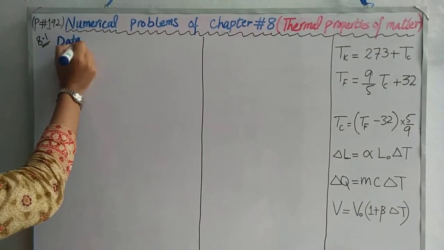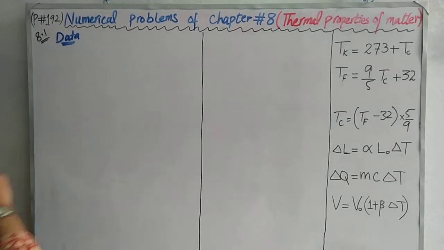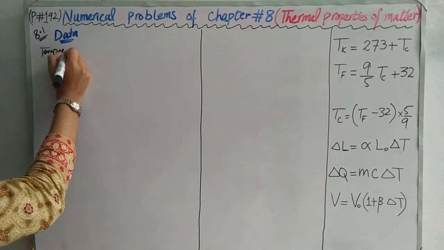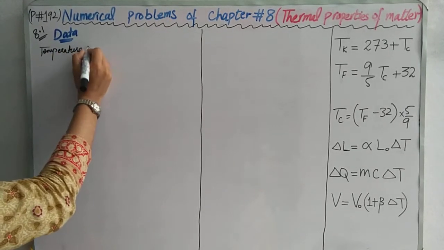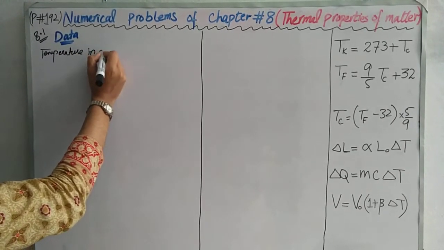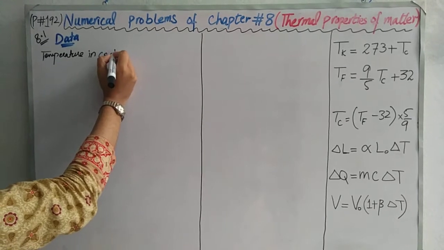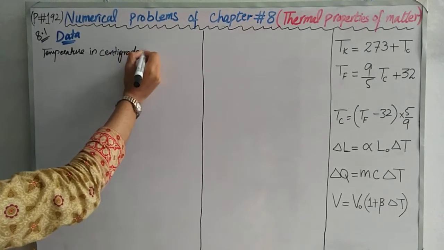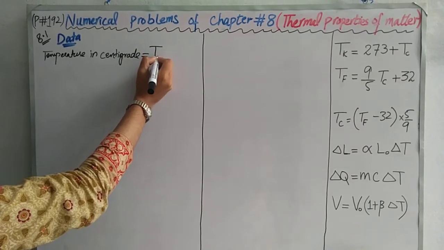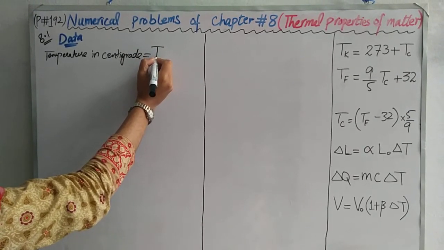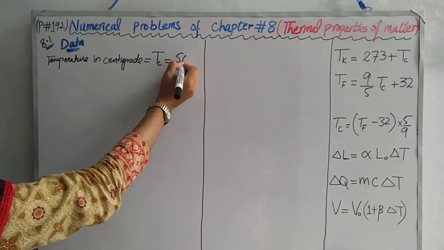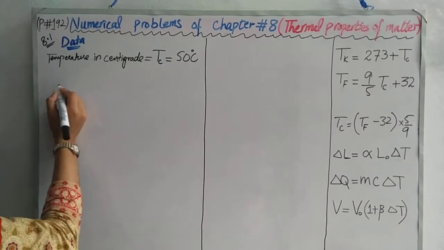Data, temperature in centigrade represented by capital T, and in subscript we will write small c. Tc is equal to 50 degrees centigrade.